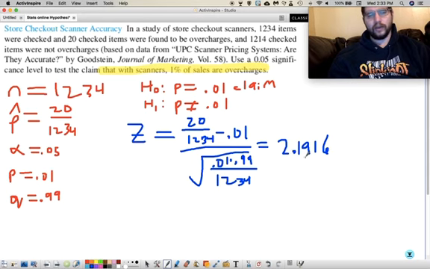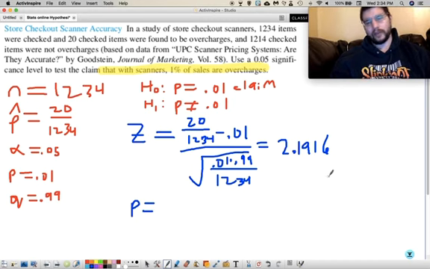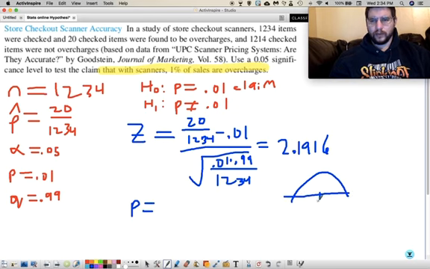Again, 2.19 is what we're going to look up for our p-value. Okay, the two-tail. We're going to actually need to draw this one. Well, actually, we don't need to draw it. We can tell that that's positive, so we could find the area to the right of it. But let's draw it anyway. So here's our mean.